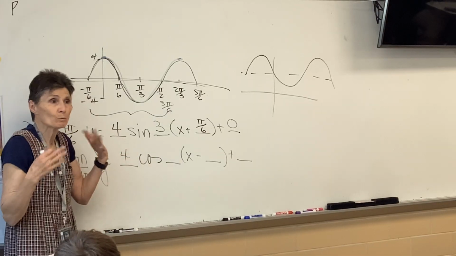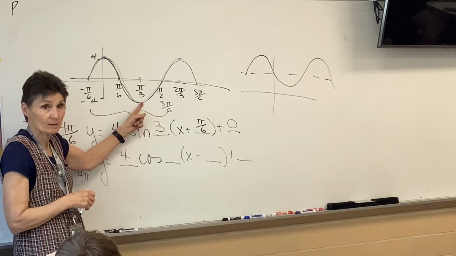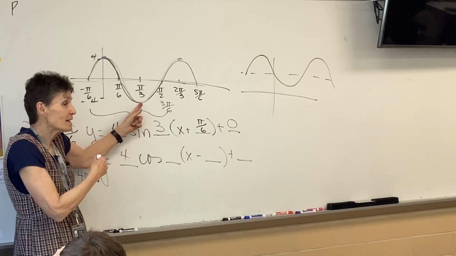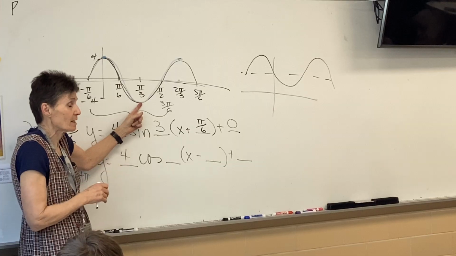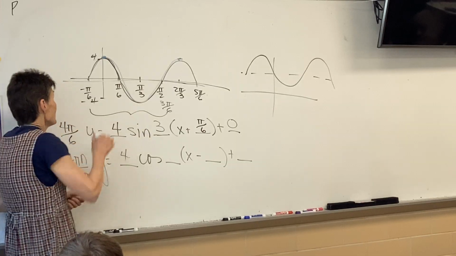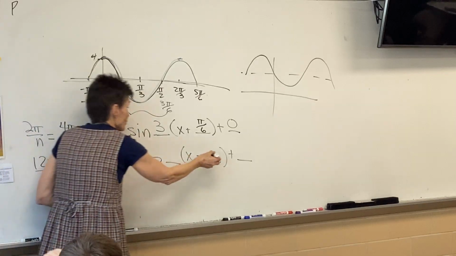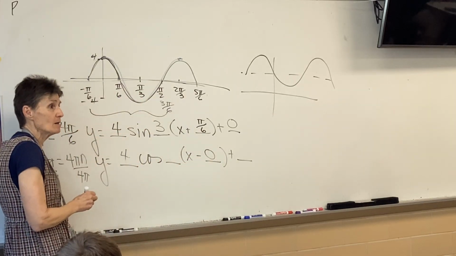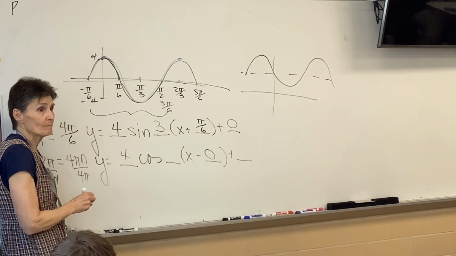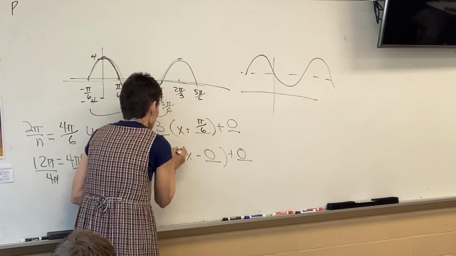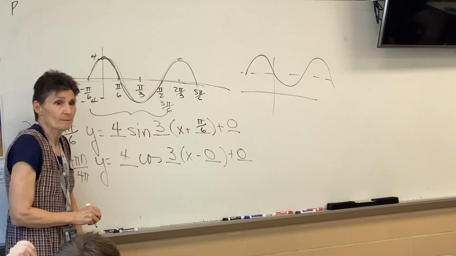If for whatever reason you decided to start down here, then you would have a negative cosine. And you can start there. There's no rule that says you can't. If I start here, though, that is exactly where I'm supposed to start. So there is not a horizontal shift. There's obviously no vertical shift, and this number is a 3.